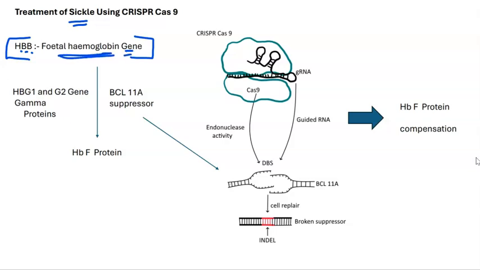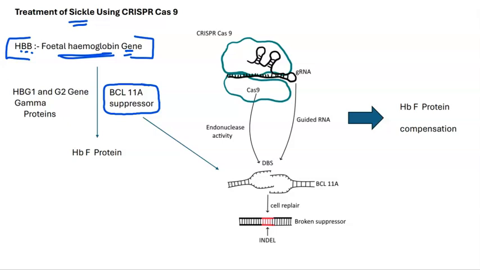Now, all adults have this, but it turns off as we reach the late stages of child development during the pregnancy. And we transition from fetal hemoglobin to normal hemoglobin. So we all have that, but this is suppressed, it's turned off late in child development by the BCL11A suppressor.